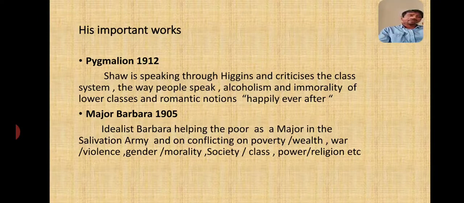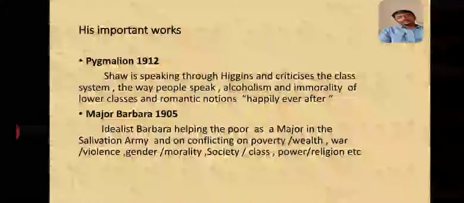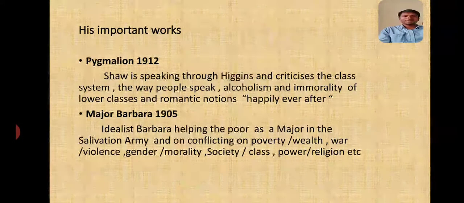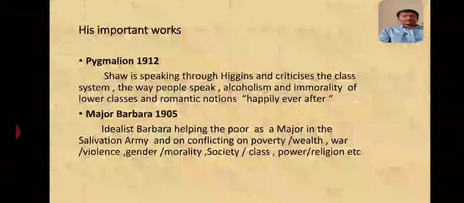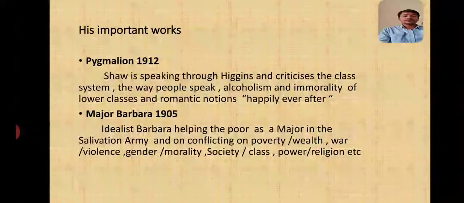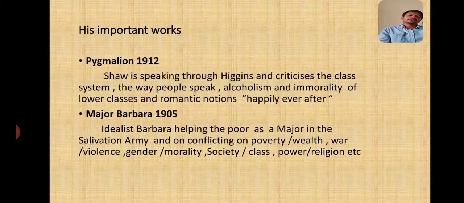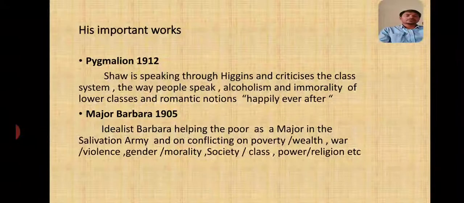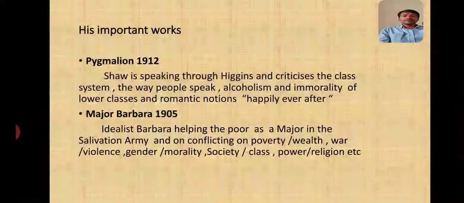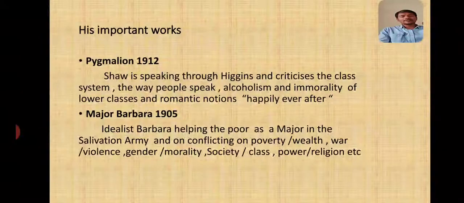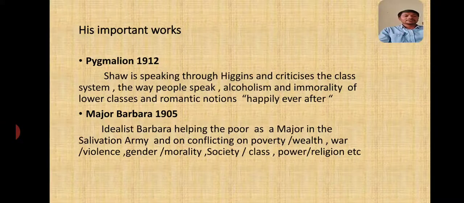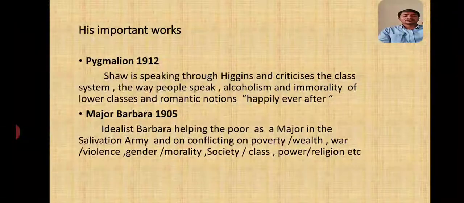Another important work is Major Barbara, published in 1905. It tells of the idealistic Barbara helping the poor as a major in the Salvation Army, and it deals with conflict over poverty, wealth, war, violence, gender, morality, society, class, power, and religion.